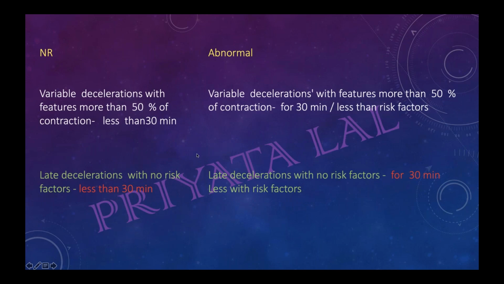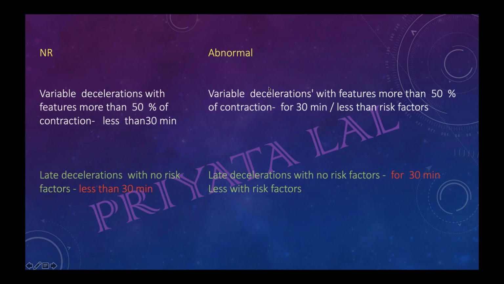The main problem is whether it is an NR feature or an abnormal feature. It creates so much difficulty in my head as well, so I tried to simplify it. If a variable deceleration with features is less than 30 minutes, it will be NR.